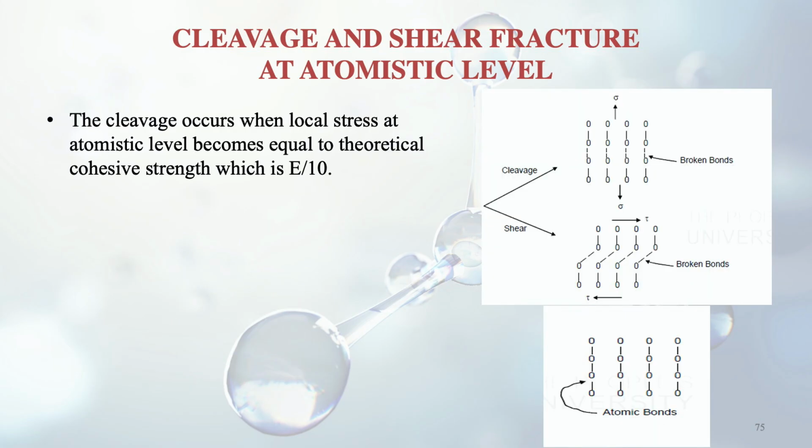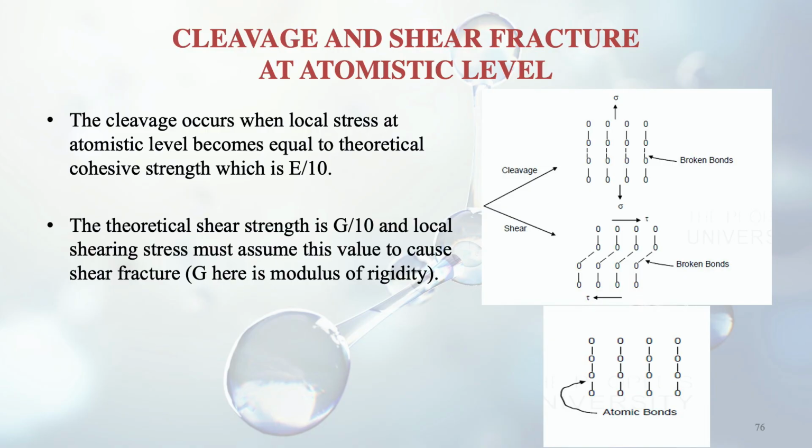So the cleavage occurs when local stress at atomistic level becomes equal to the theoretical cohesive strength, which is E by 10. So the cohesive strength is around E by 10, and if this local stress reaches this value, then cleavage fracture starts taking place.